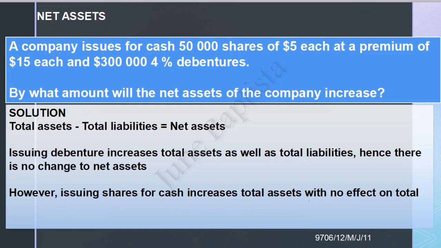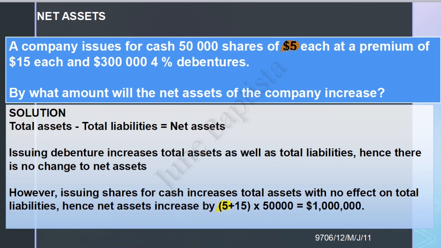However, issuing shares for cash increases total assets by way of cash with no effect on total liabilities. Hence, in this case, the net assets will increase by $5 face value plus $15 premium times 50,000 shares issued to give us an increase in net assets of $1 million due to the receipt of cash.